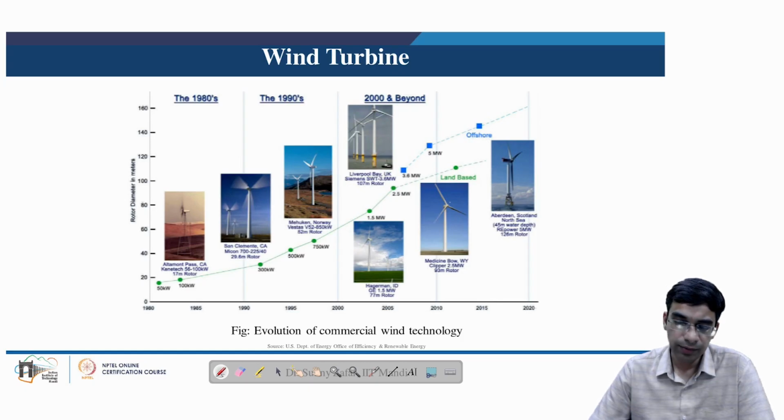Now one wind turbine may be able to generate approximately 5 megawatts or maybe more energy. So here we can appreciate the evolution of commercial wind technology, and how the increased size of the rotor has resulted in more energy generation.